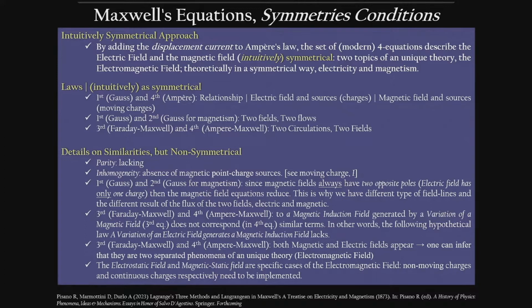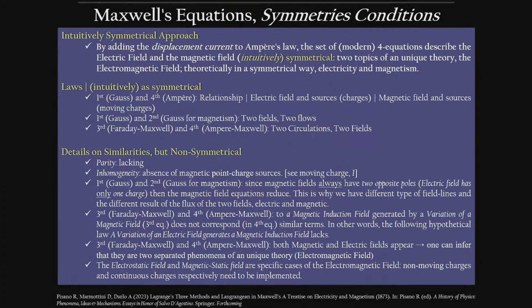The third and the fourth: a magnetic induction field generated by variation of a magnetic field does not correspond to similar terms in the fourth. In other words, the following hypothetical law, a variation of electric field generating magnetic induction fields, we cannot claim.